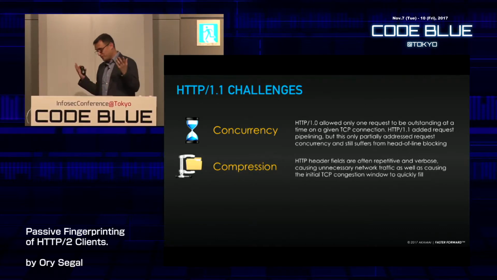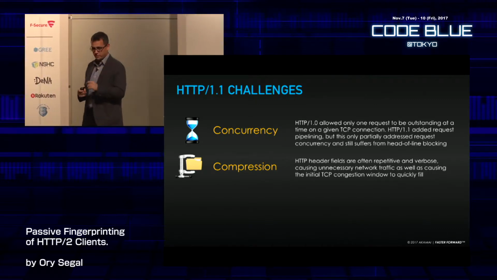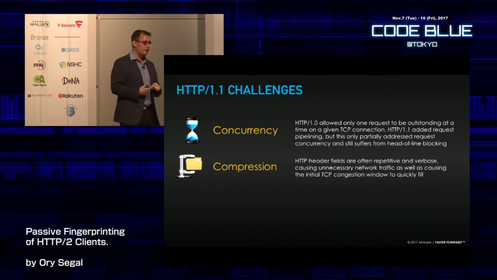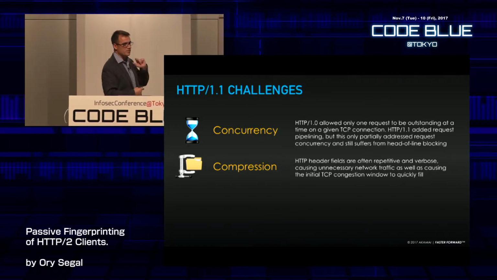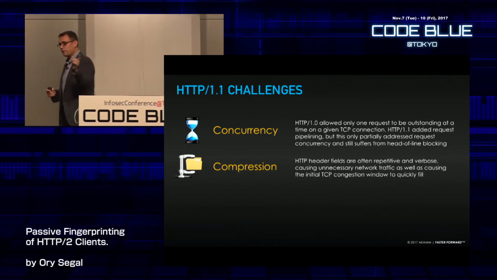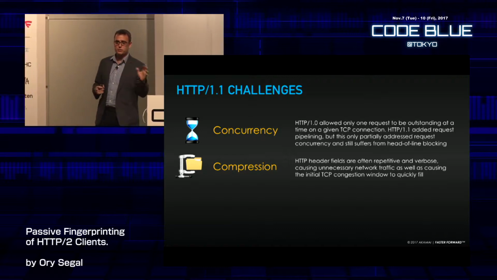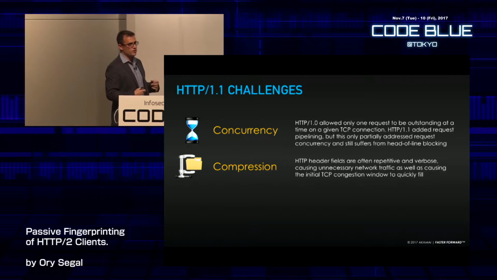The other problem with HTTP 1.1 is compression. Now, there is compression in the form of gzip encoding, for example, through the accept-encoding header. However, the headers themselves, which make up a nice chunk of the HTTP request, are going back and forth between the client and the server. Things like the cookie, the user agent, the connection header.